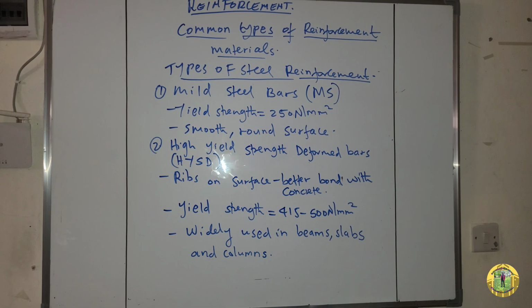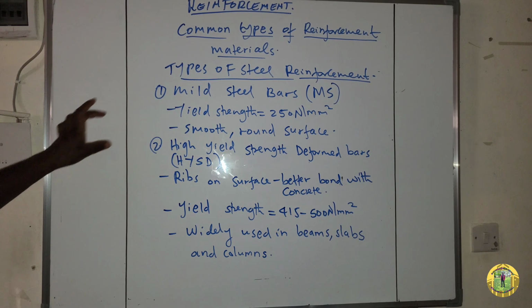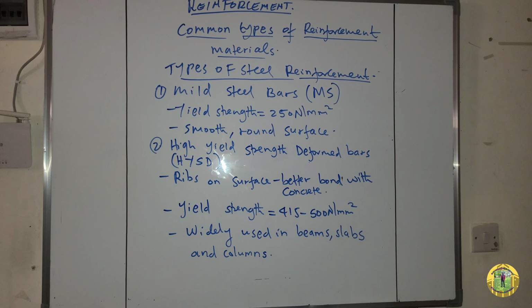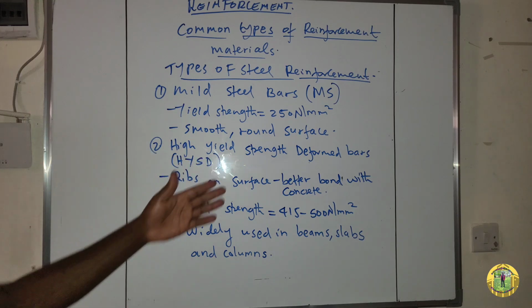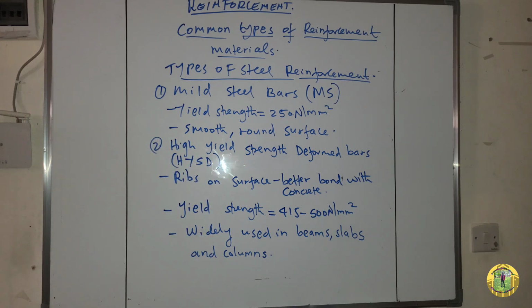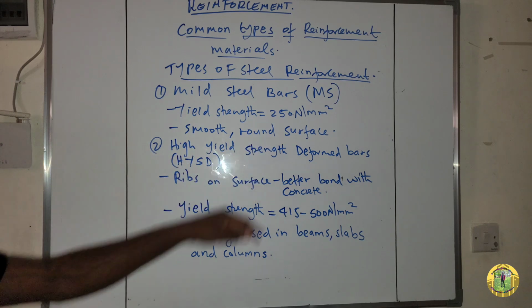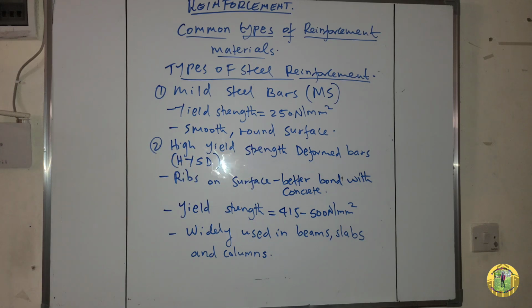So, types of steel reinforcement bars. Number one, we have the mild steel bars, MS. The yield strength is 250 Newton per millimeter square. This bar has a smooth, round surface, and due to this smoothness and roundness, it forms a poor bonding with concrete.